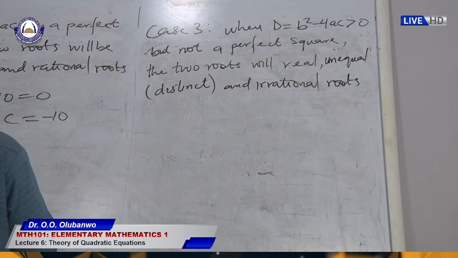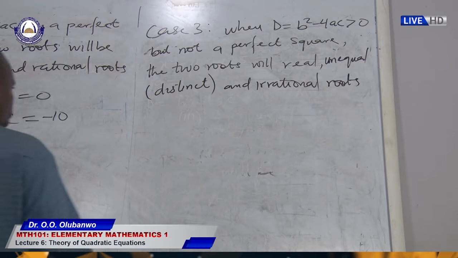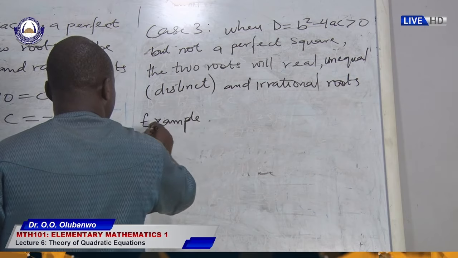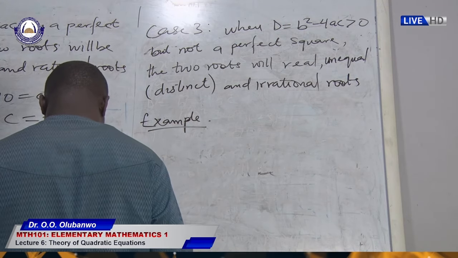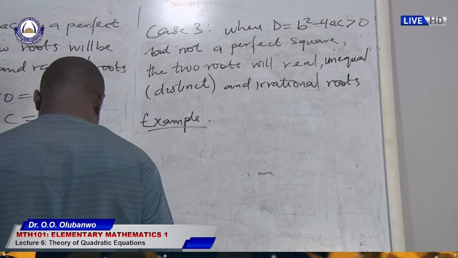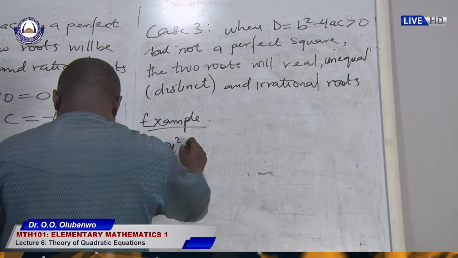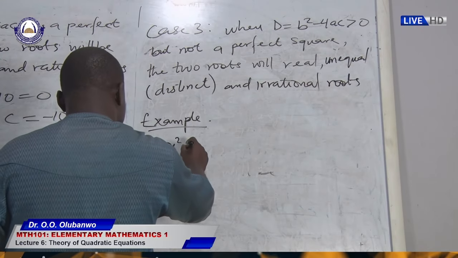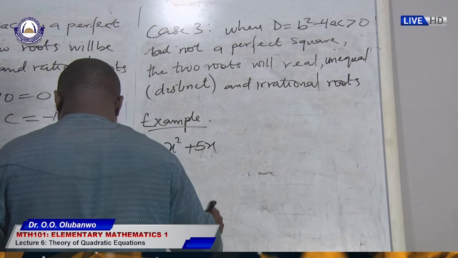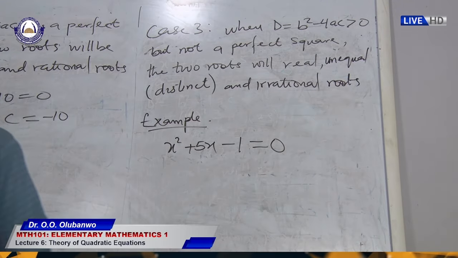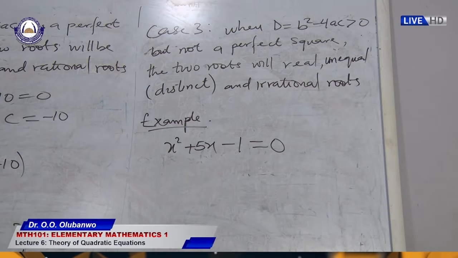Let's take this question now as an example. x squared plus 5x minus 1 equals 0.